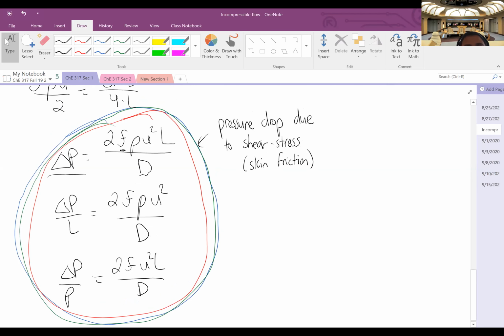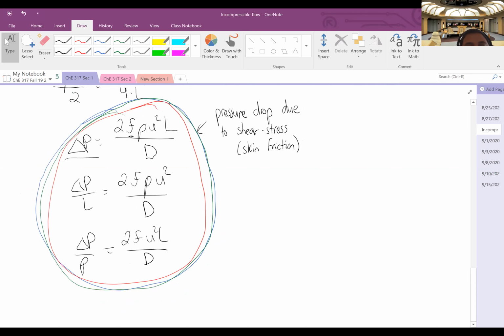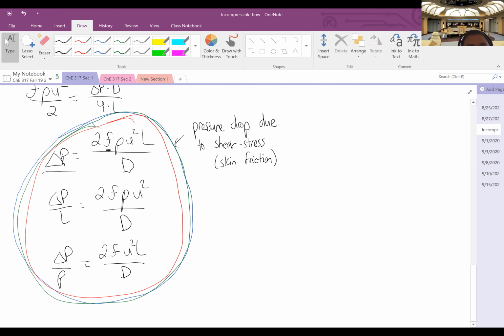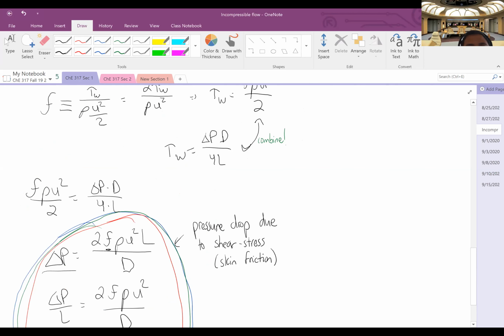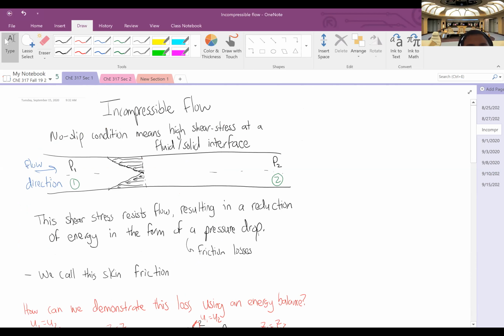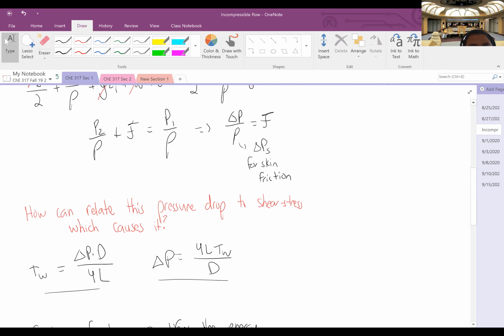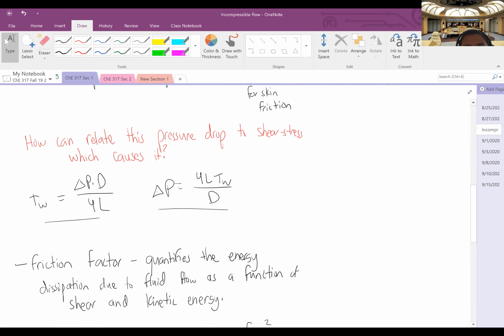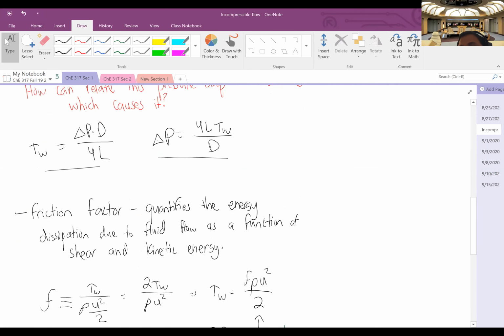Are there any questions? Any things I can further clarify or re-explain? Just as a quick recap, what we've looked at is the emergence of shear and how it results in a pressure drop. From our momentum balance that we did in our last lecture, we were able to quantify that shear and relate it to pressure drop. However, the issue is there's no real way to measure shear stress.